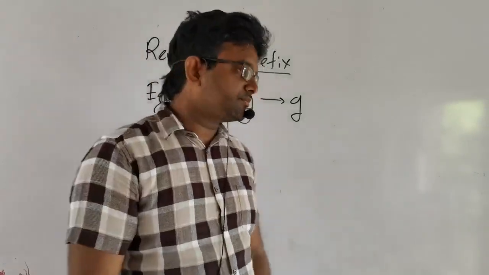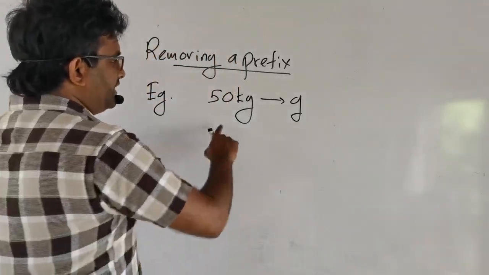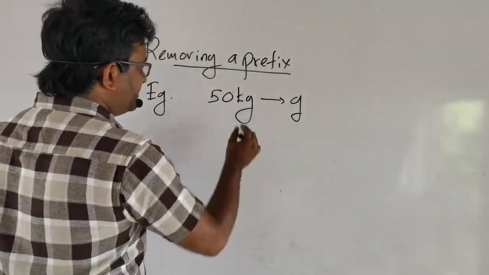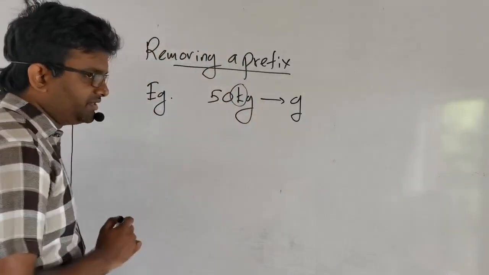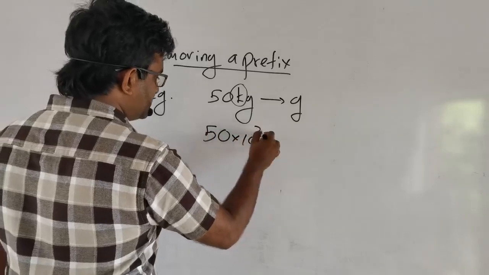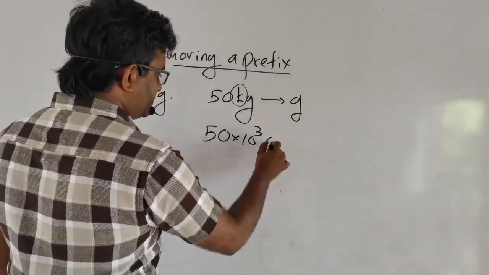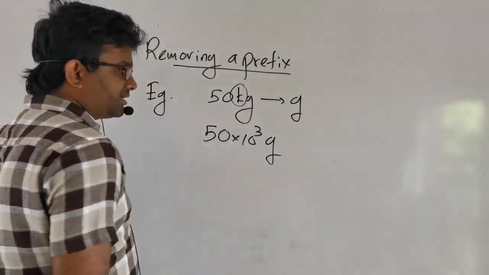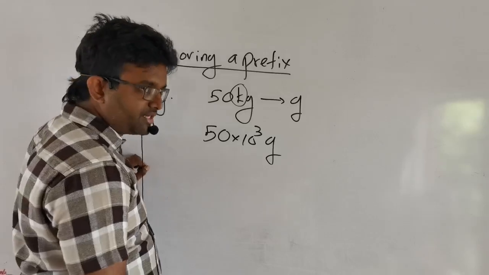Now we need to convert into grams, so we need to remove the prefix kilo. Instead of that we can write 10 to the power 3. Then normally we write final answers in scientific notation.